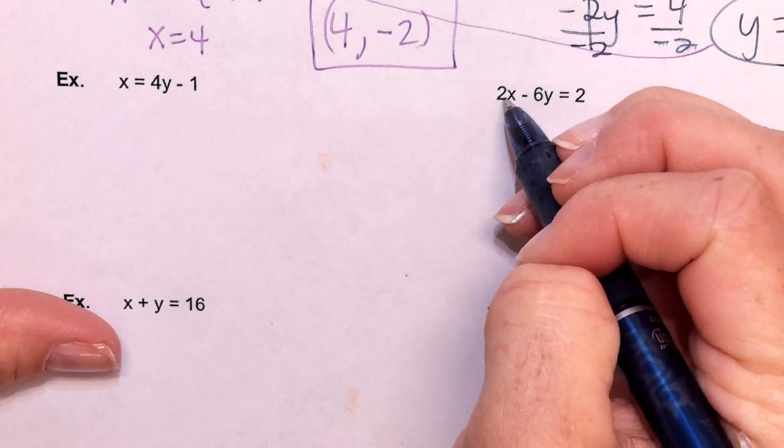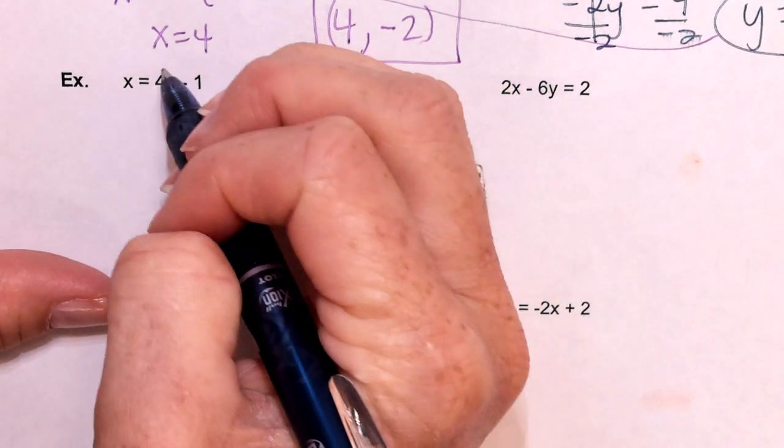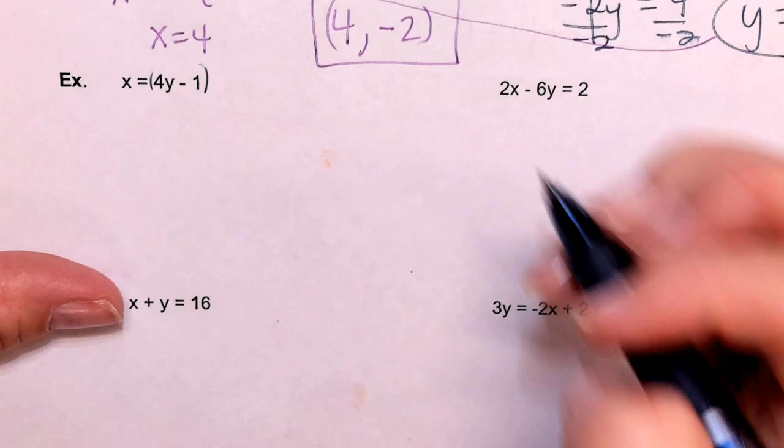Does this x have a coefficient in front of it? So you have to put this in what? Parentheses.